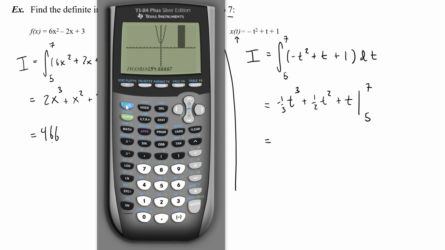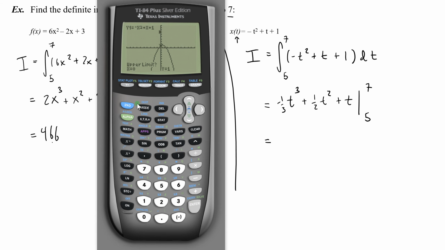I'm going to write y equals, oh, not that, y equals, put in the original function, which in this case I'm using x instead of t, so I'd say negative x squared plus x plus 1. Graph it. And I'm going to evaluate second calc 7.